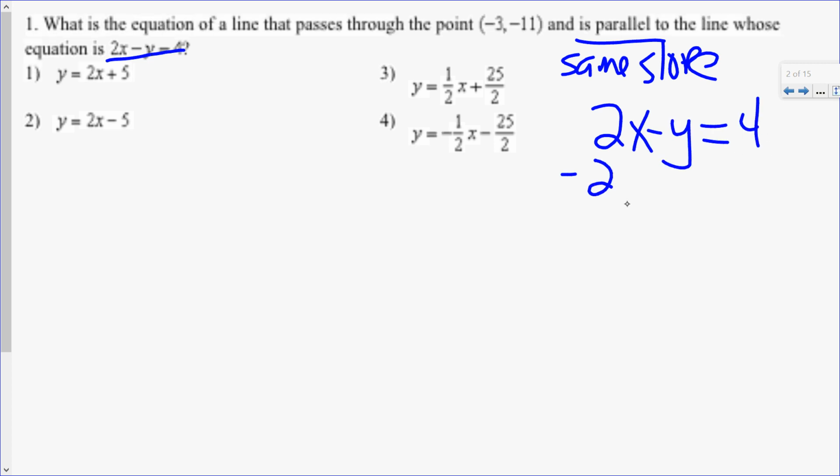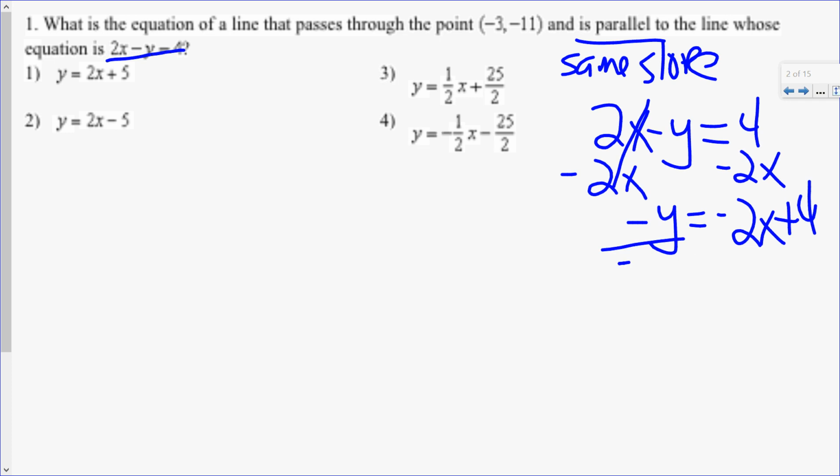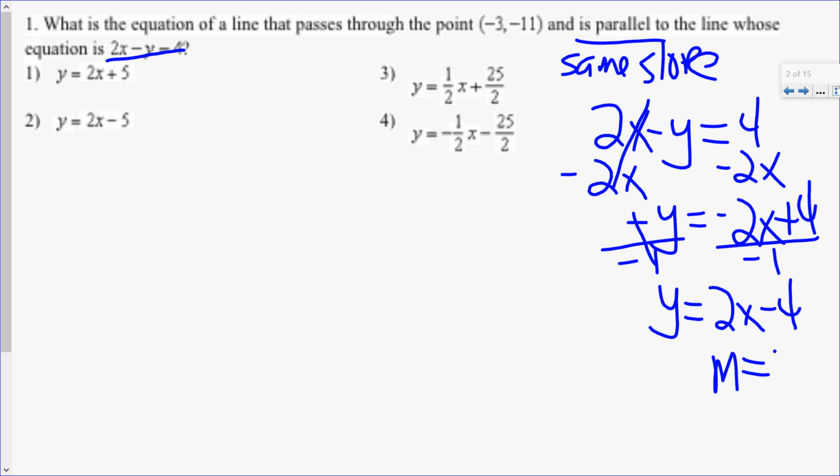I'm going to subtract 2x from both sides. It gives me negative y, don't lose that negative, equals negative 2x plus 4. To get rid of the negative in front of the y, we divide by -1, and I get y equals 2x minus 4. So the slope of this line is 2. So my parallel line, since it has the same slope, must also be 2.